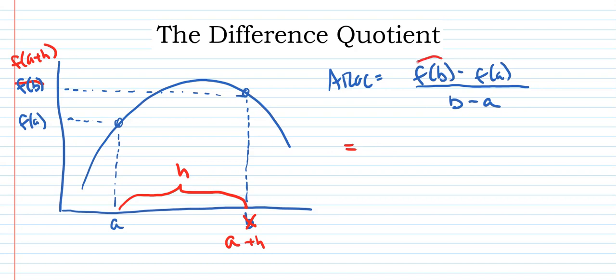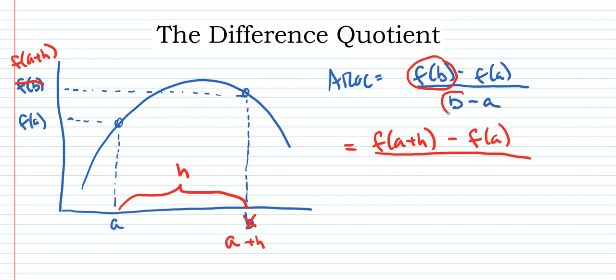So our formula for average rate of change would be slightly different. Instead of the f of B, we would have f of A plus H, the function value at the point A plus H, minus the function value at A. That part does not change. And instead of point B, we would have A plus H minus A. That also does not change.